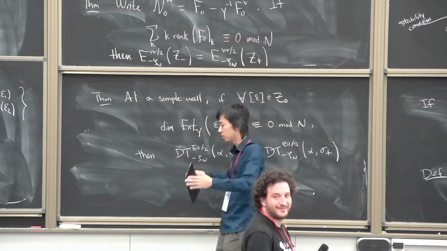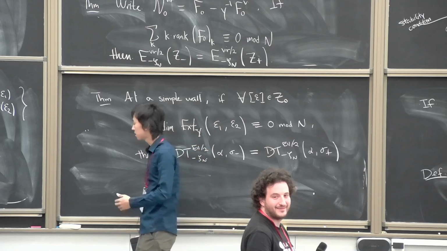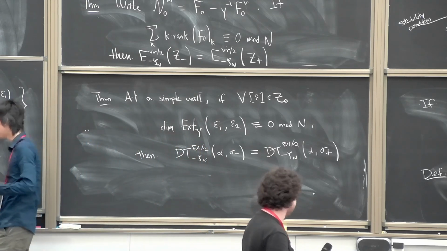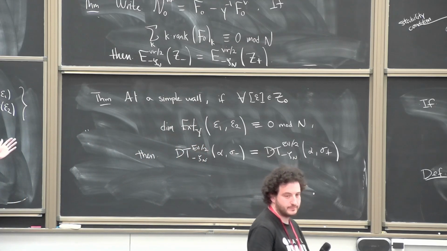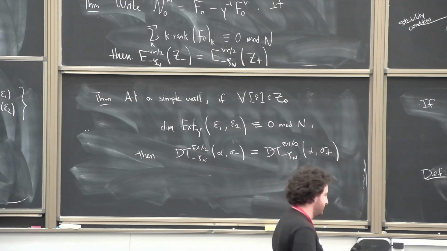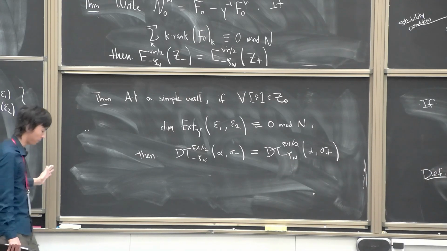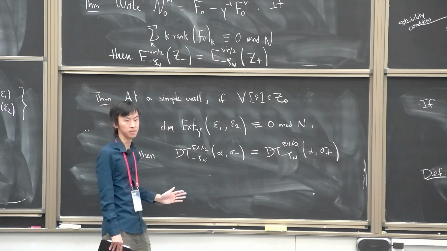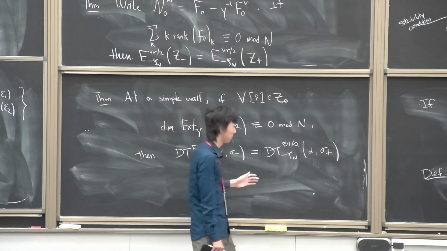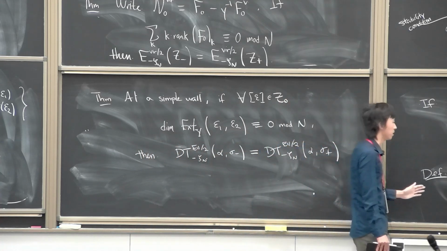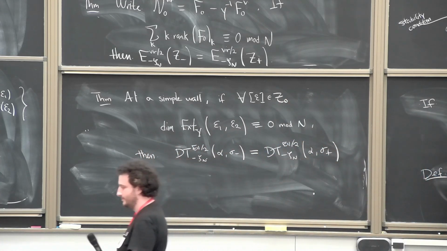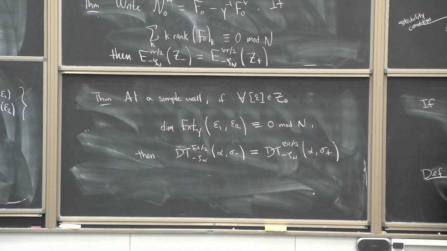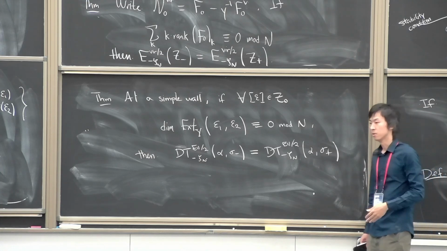The actual virtual elliptic genus has existed for quite a long time, but it's not very amenable to any sort of wall crossing technique for various technical reasons. So if you want to execute this wall crossing story, it's important to have this kind of halving procedure, this chiral virtual elliptic genus.